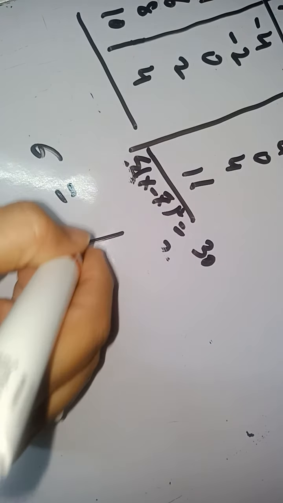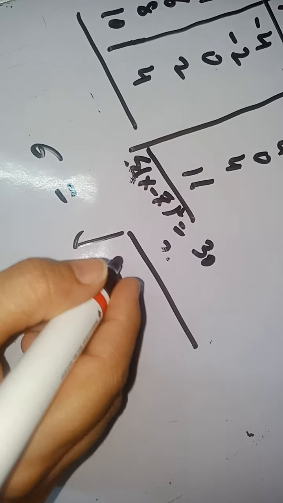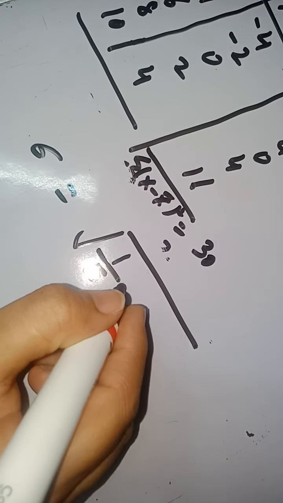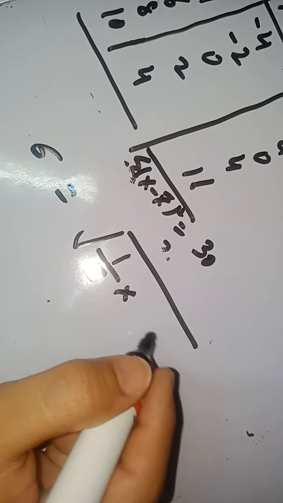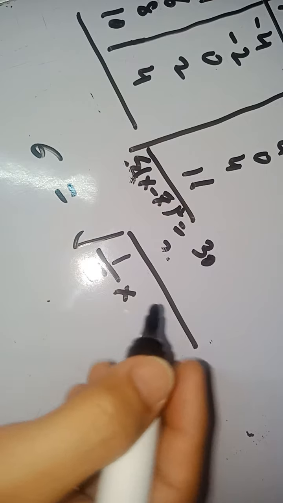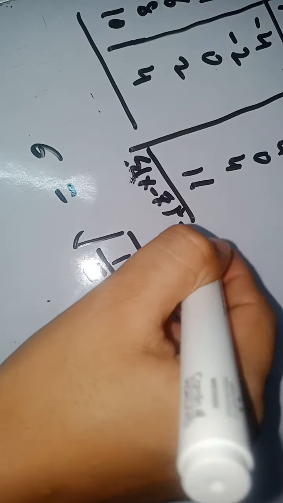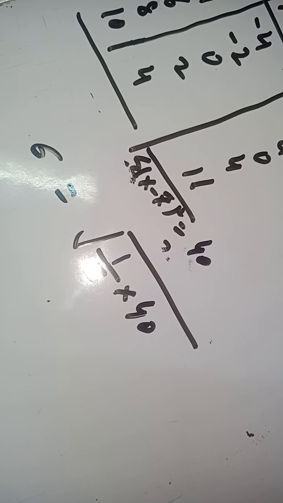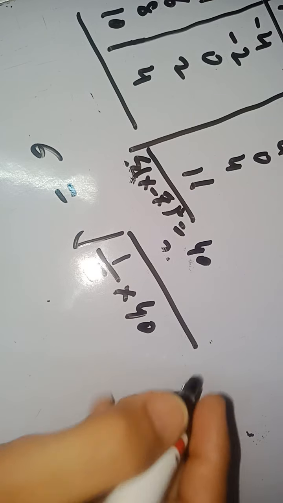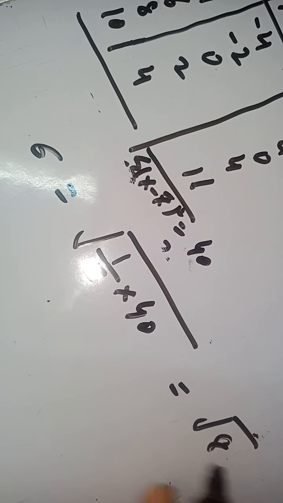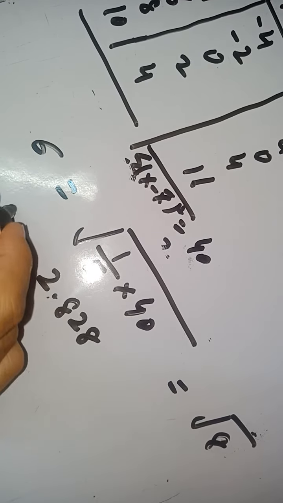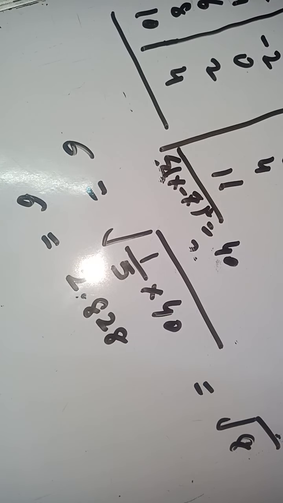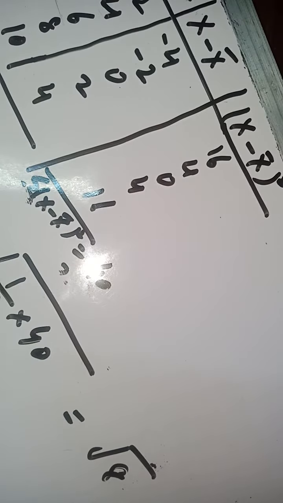Sigma equals the square root of 1 by 5 times 40, that is the square root of 8, so the standard deviation is 2.828. In this way we can find the standard deviation by applying the direct method.